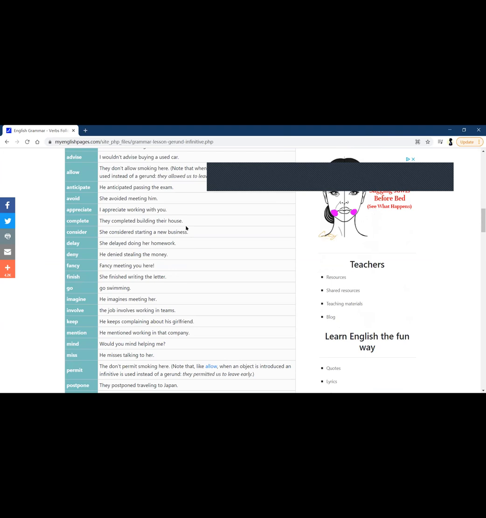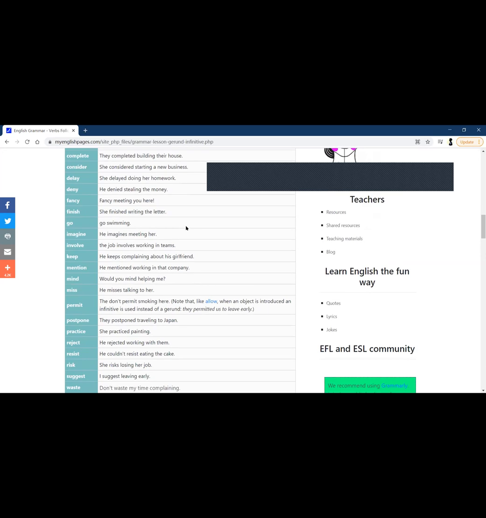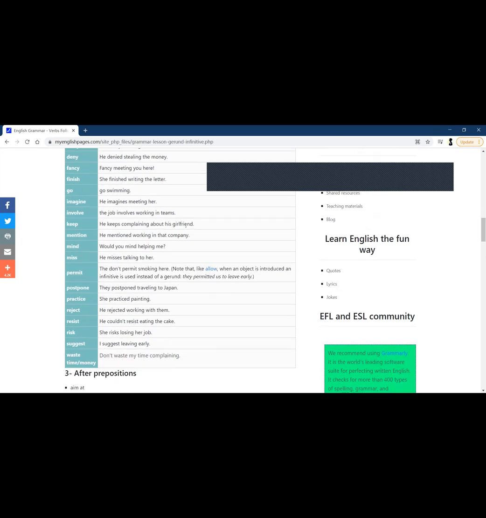I also don't think you can say "she considered to start something," because when you use consider, the thing you're thinking of probably mostly hasn't happened yet. And delay: she delayed doing her homework. He denied stealing the money. Finish: she finished writing the letter.